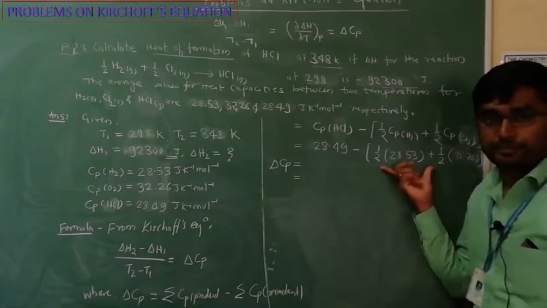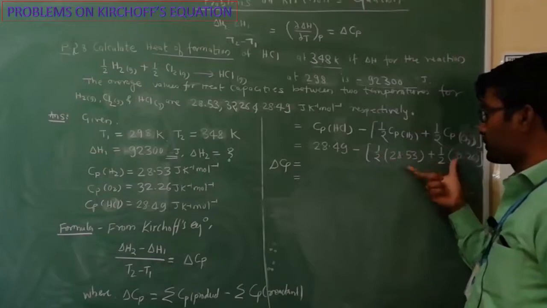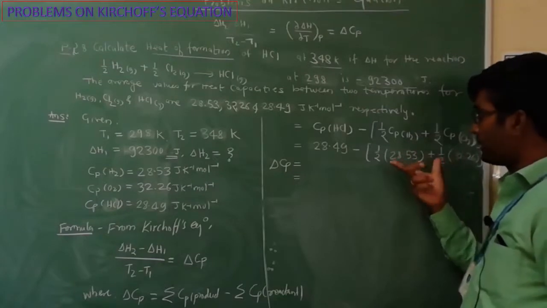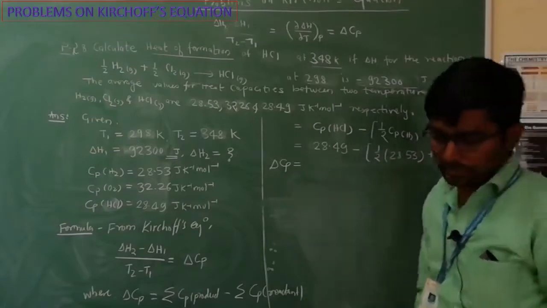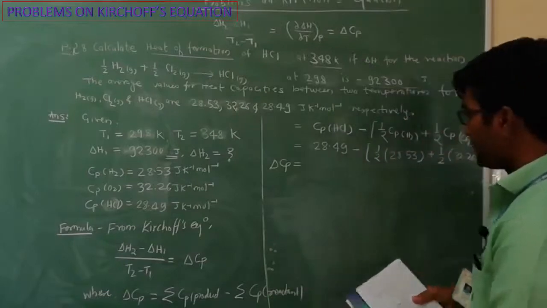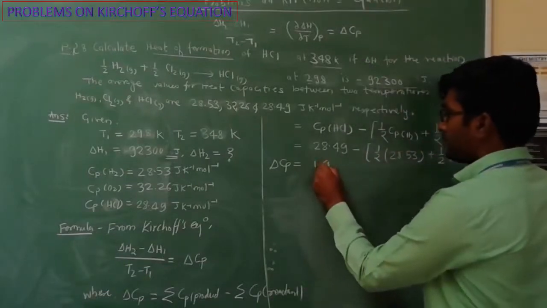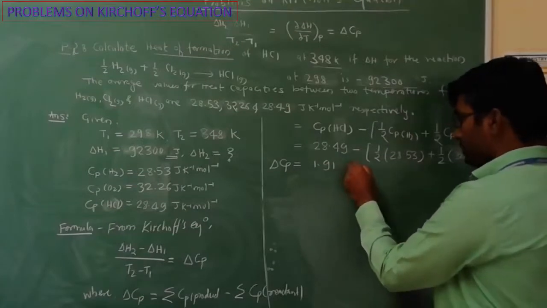Simplify this: multiply by 1/2 to this value, then to this value, then do the addition and subtract this value from this value. So we get the Cp value equal to 1.91 joule per Kelvin per mole.